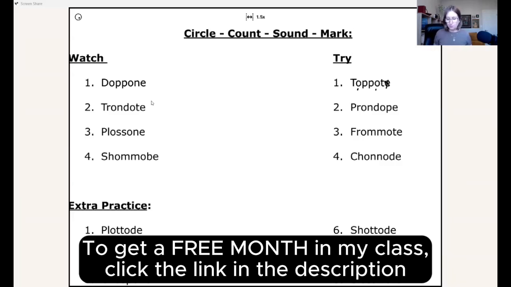Tapote. So it's just a good thing to know about voiced and voiceless sounds so that you know that you are sounding the word out correctly. Because if you think that the sound of T is "tuh" or the sound of P is "puh," that's incorrect. That has an extra sound at the end. Its vocal cords are used.